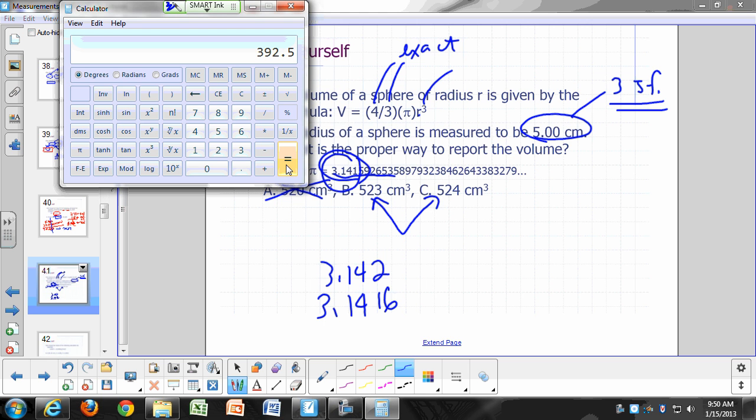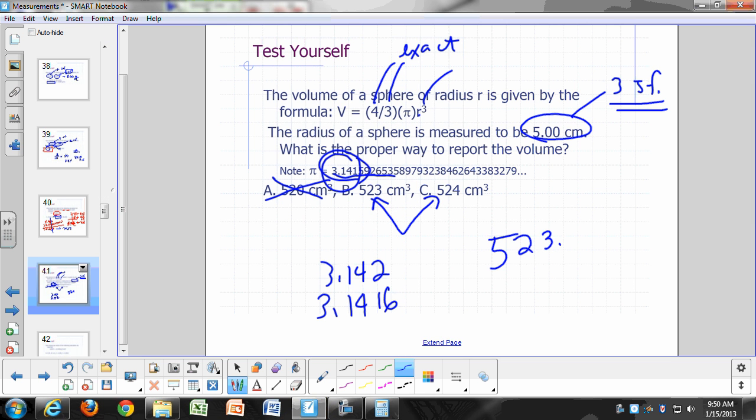That would give me, okay, times 4/3, so times 4 divided by 3. That gives me 523.33. So if I were to use 3.14 for my pi, 3 sig figs, that's the number I get.